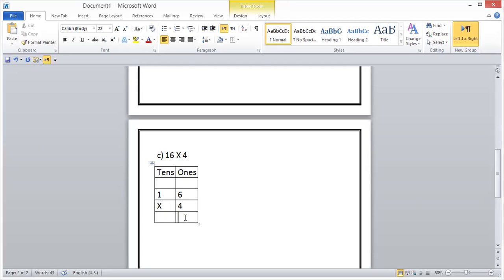So 4 multiplied by 6 equals to what? Right here, what you should carry right here, 4 by 1, and then add the number which you have carried.